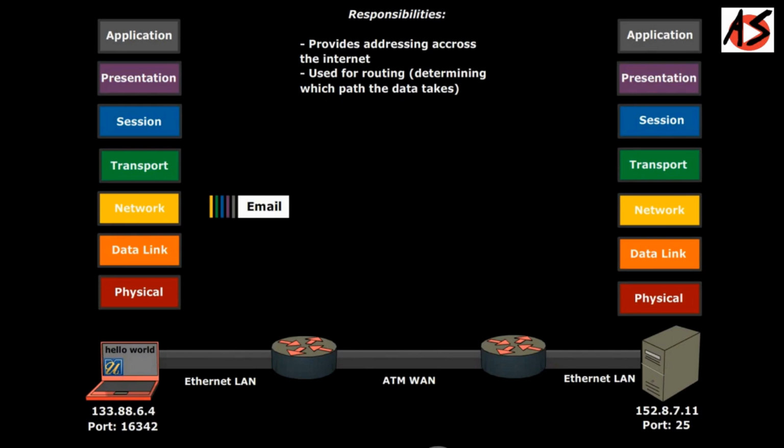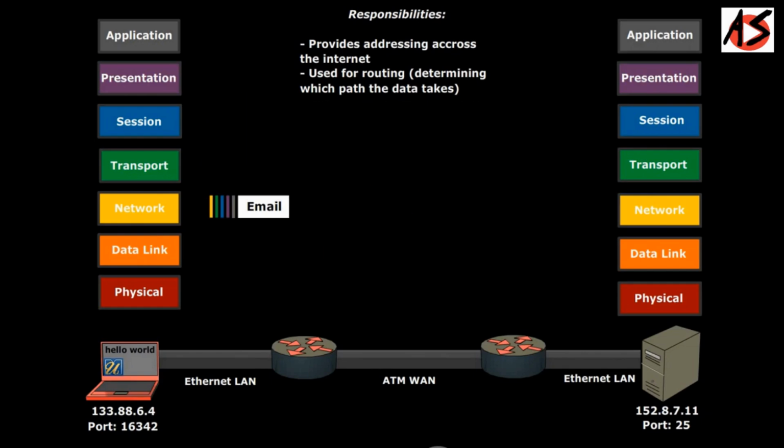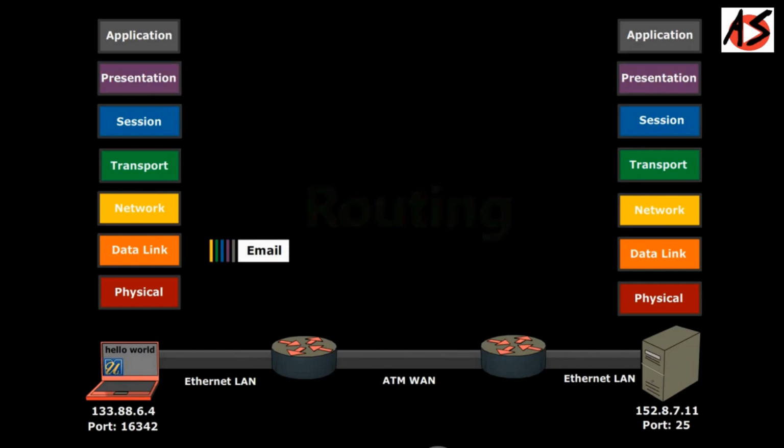In the network layer, the IP protocol adds source and destination addresses in the header and forms the packets. The network layer decides which path to choose to reach the destination based on the IP address. This process is known as routing.